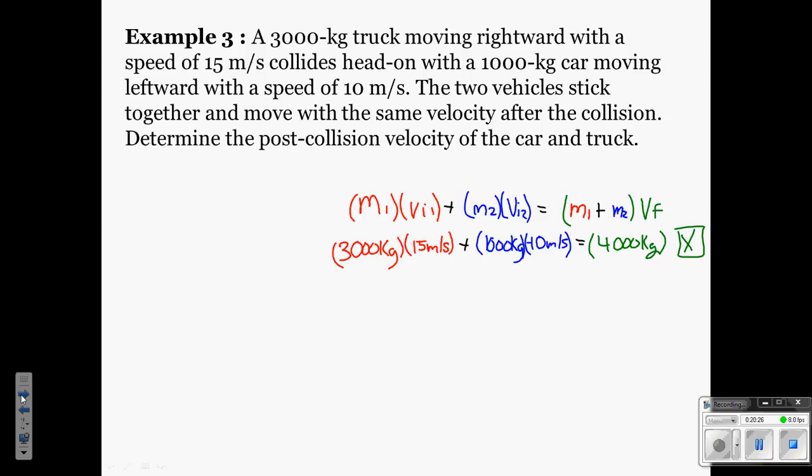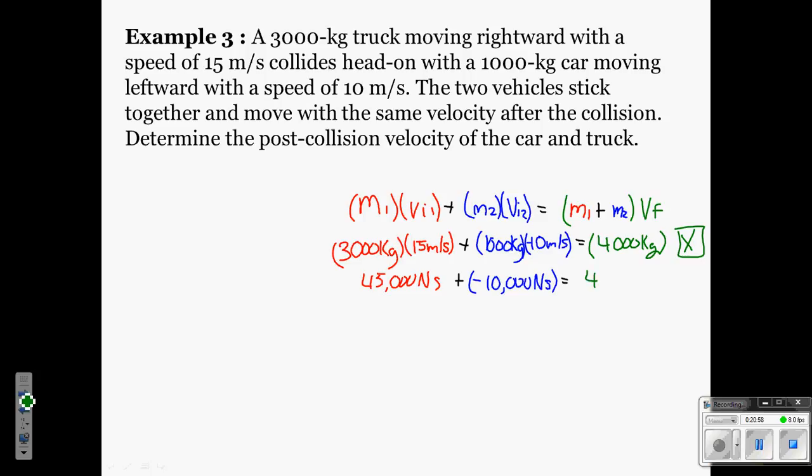So 3,000 times 15 is going to give us 45,000 newtons. And our 1,000 times 10 is going to give us a negative 10,000 newtons.